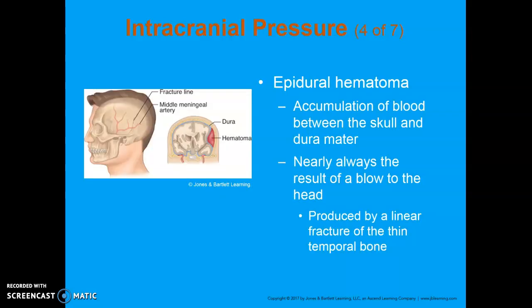An epidural hematoma is when you get an accumulation of blood between the skull and the dura mater, that very first, very fibrous tissue covering the brain. It's nearly always the result of a blow to the head that creates a linear fracture, often in the temporal bone.